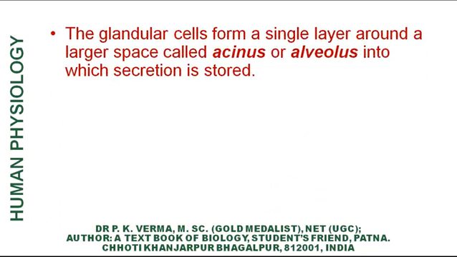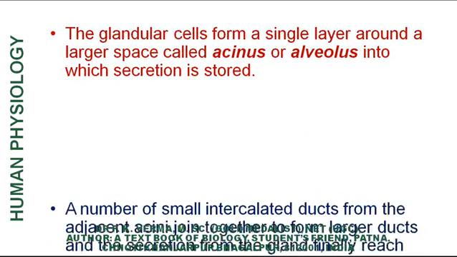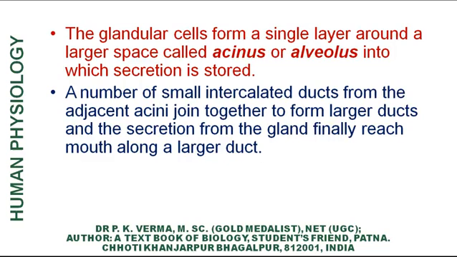The glandular cells form a single layer around a larger space known as the acinus or alveolus, into which the secretion is stored. A number of small intercalated ducts from the adjacent acini join together to form a larger duct, and the secretion from the glands finally reaches the mouth along a larger duct.